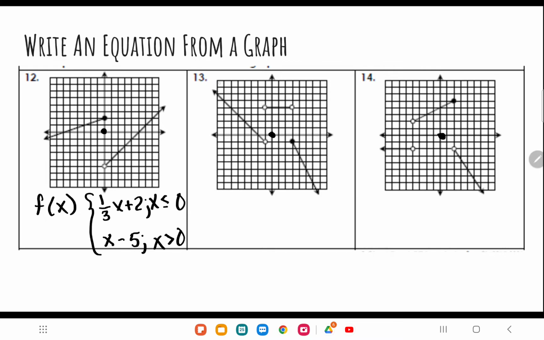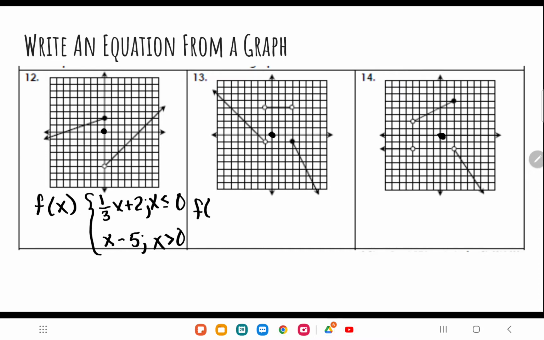I have a line with negative slope when x is less than -1. I have a constant function when x is between -1 and 3. And I have another line with negative slope when x is greater than or equal to 3.